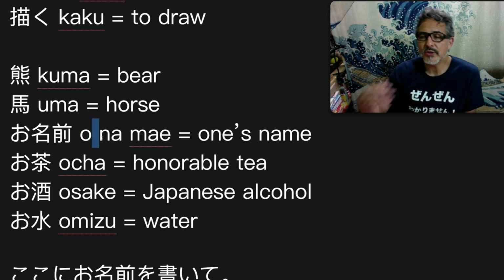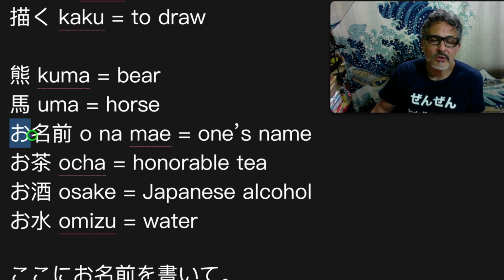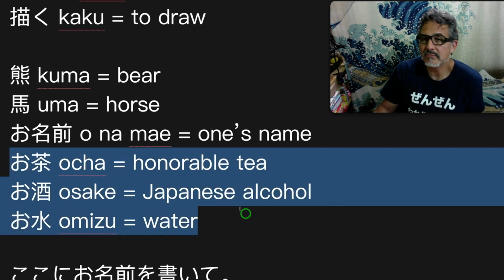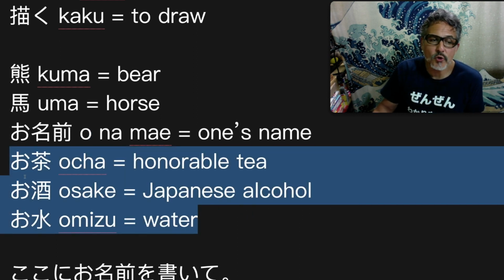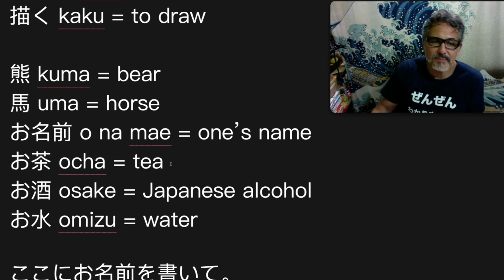Many Japanese words, when you're talking to someone and you want to show respect, you add an honorable O to the beginning like this. You may not have realized that it is used many times with many words that you may know already, like ocha, honorable tea. It's not really honorable tea, it's just tea, but there is an honorable O there.